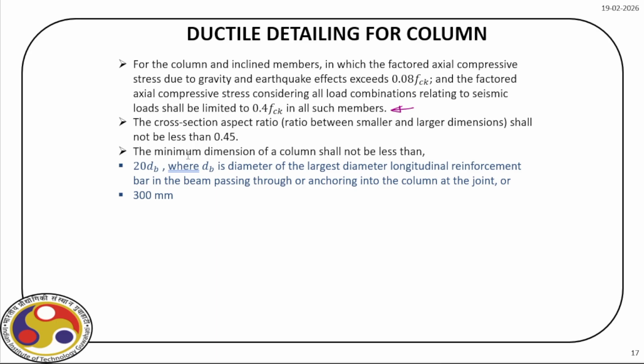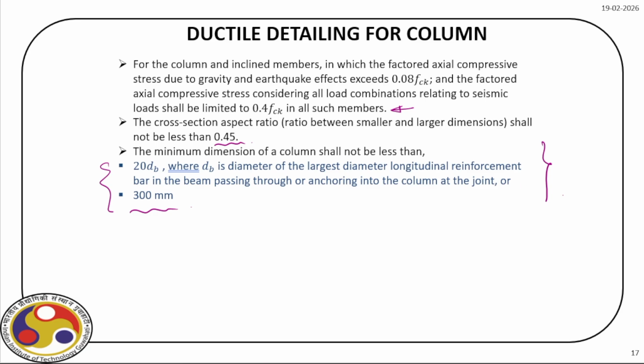The cross-section aspect ratio, that is the ratio between smaller and larger dimension, shall not be less than 0.45. The minimum dimension of the column shall not be less than these two: 20 dB, where dB is the diameter of the largest diameter of longitudinal reinforcement bar in the beam passing through or anchoring into the column at the joint, or 300 millimeter. So that is the minimum dimension of the column we have to provide.